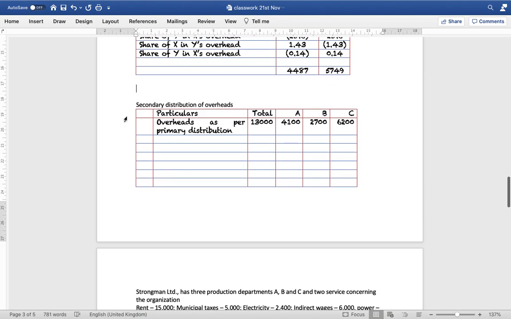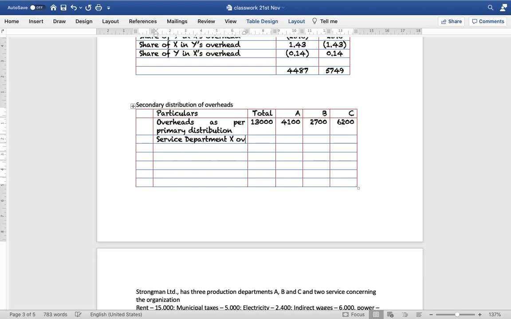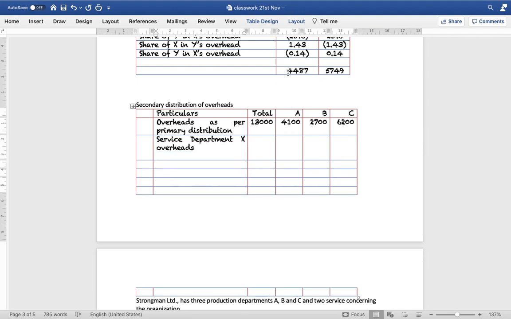So now service department X overheads. As we calculated, it is 4,487.